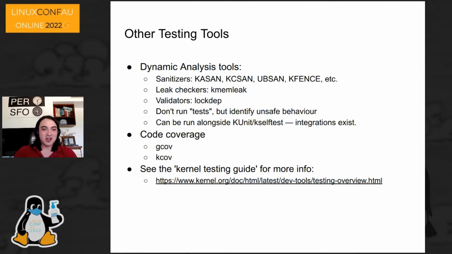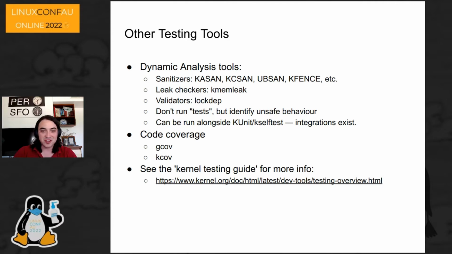That's an awful lot of different information about what tools there exist. So it's understandably confusing, and one of the things that we've done on the KUnit side in the last year is actually written all of this down and put it in the kernel documentation.